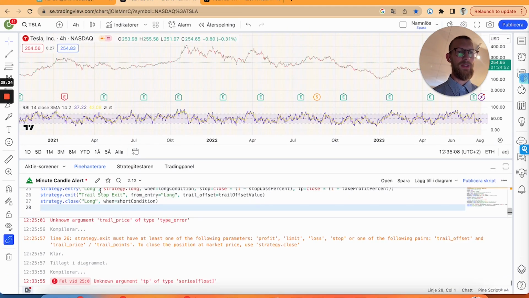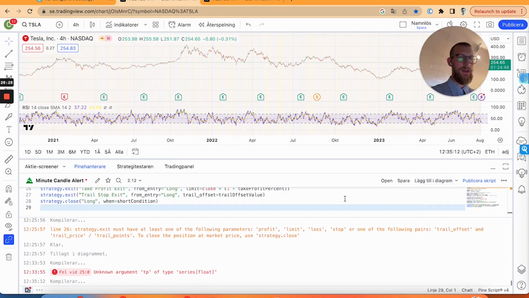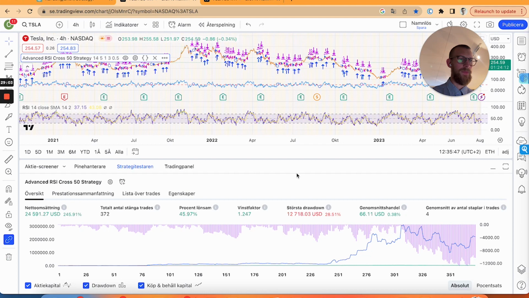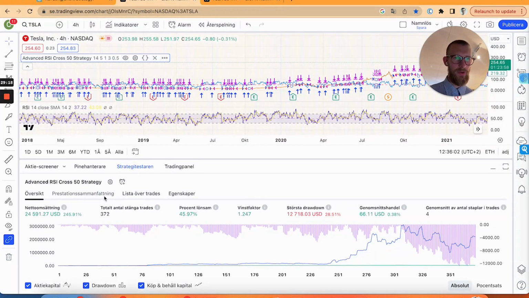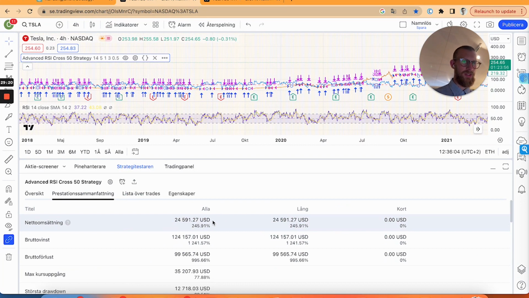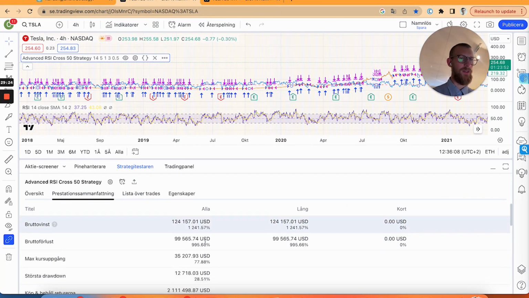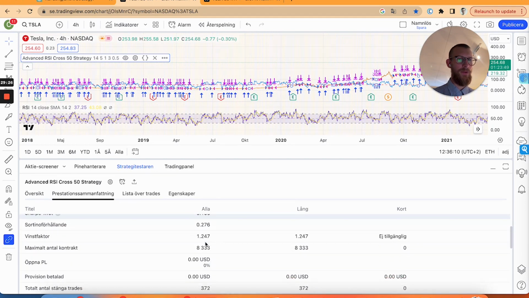Let's try the new strategy. Boom, boom. Add the diagram. Yeah, okay. This didn't work at all. Nah, this one was way worse. Over the entire time, we only made 245% profit.